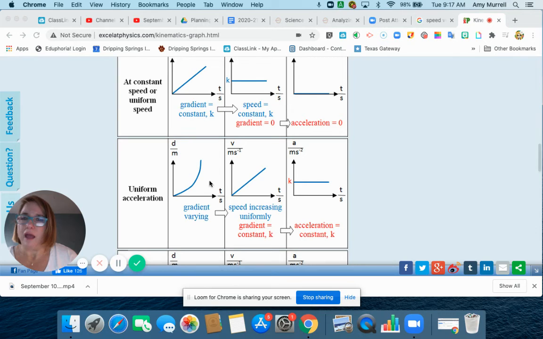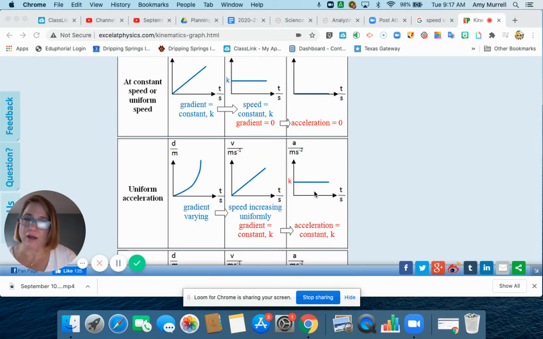So then when we have a change in our speed, like we're speeding up, we're accelerating, we're going faster. On a distance time graph, we've got a curved line. On a velocity graph, that's when your speed is increasing uniformly, constantly, but it's increasing.